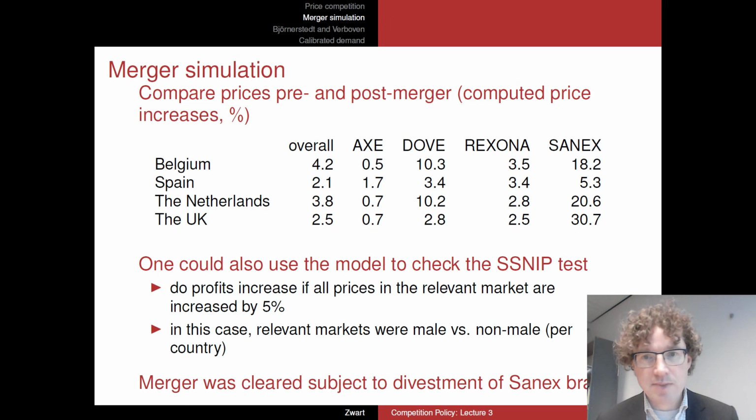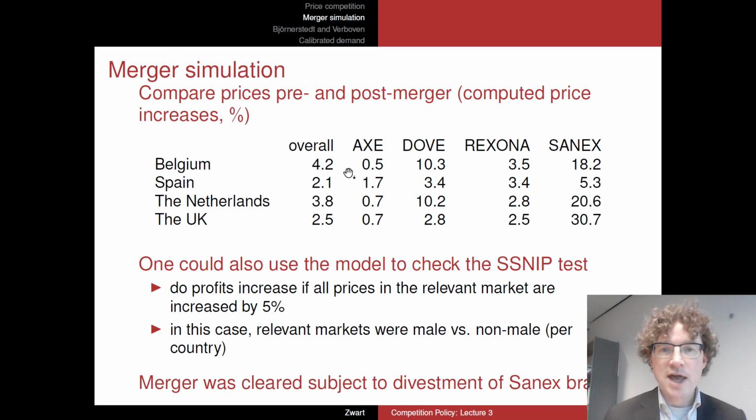You can find this in the paper as well, where you actually see the changes in prices. So the change in prices for the X brand, for instance, is pretty small. Actually, if you look at the various geographic markets, Belgium, Spain, Netherlands, UK, with changes in prices for both the Dove and the Sanix brand, which were produced by these two different companies that were going together, and which also turned out, from this demand estimation, to be close competitors.